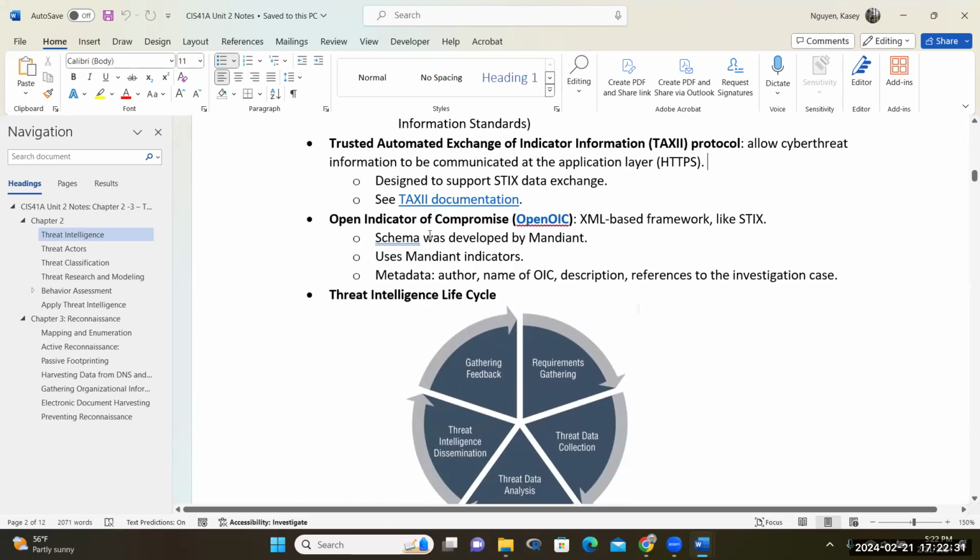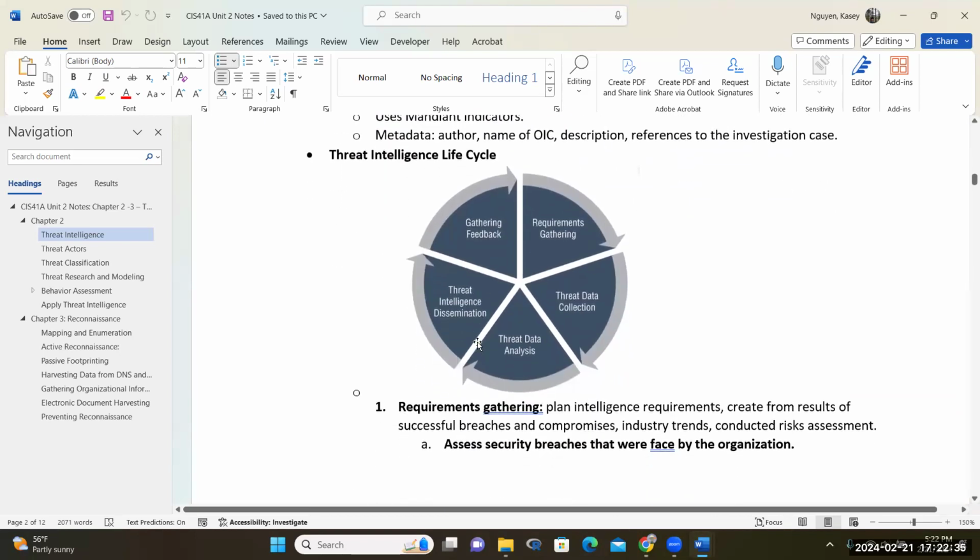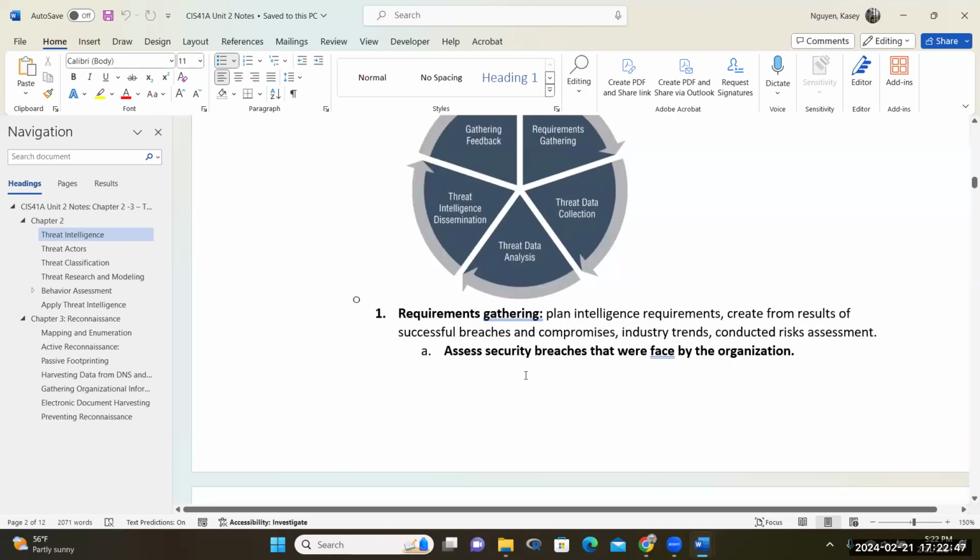Therefore, there's the demand for that type of tool. You would have the threat intelligence lifecycle. They follow this to build out the information for the threat. And a lot of that is a way that we can share and gather information.